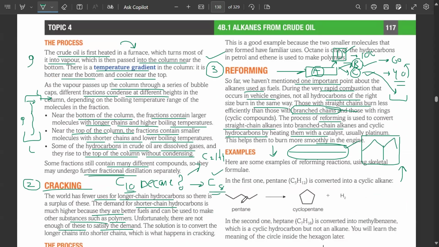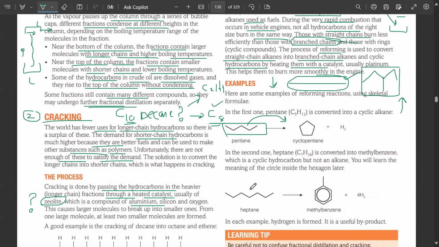So we are just going to convert pentane into, let's say, cyclopentane, or we can convert heptane into methyl benzene, or this pentane can be converted into a branched one as well. Let's say 2-methyl butane. 2-methyl butane भी तो बना सकता हूँ. Four of the carbons lie like this, and on the second carbon I have a methyl. That is also the same formula as pentane, right?